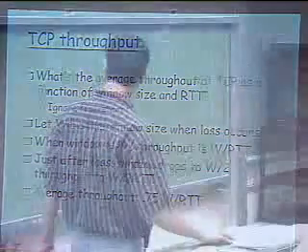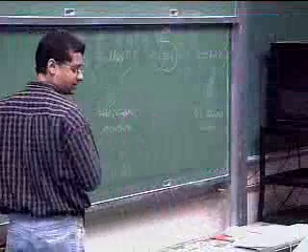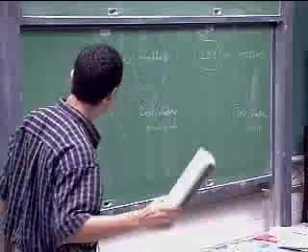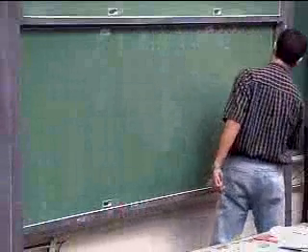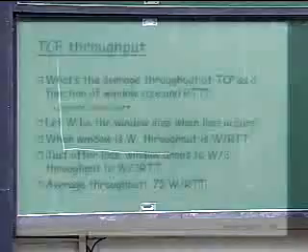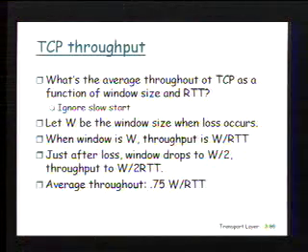So here what's said in the slide is that you're going to ignore slow start and then analyze the throughput.